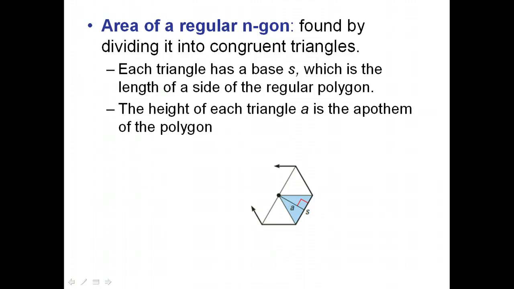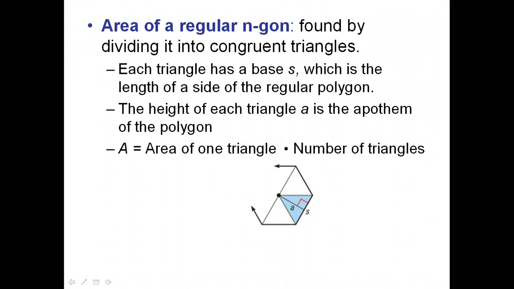The height of that triangle is simply the apothem of the polygon. And so I can get the area of the entire polygon by finding the area of that triangle times the number of sides, because there's another one of these congruent triangles along each side.